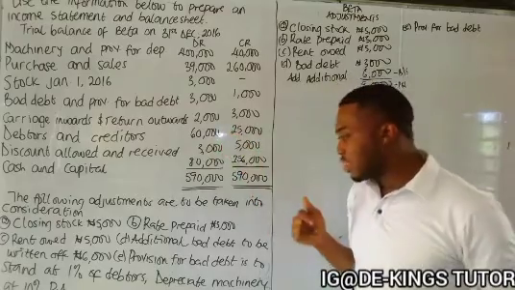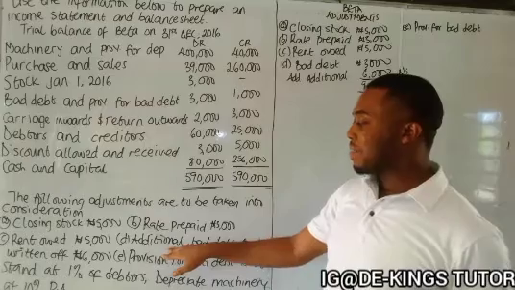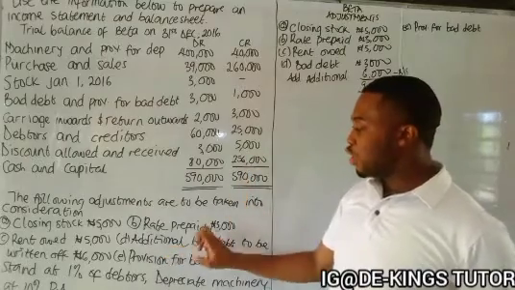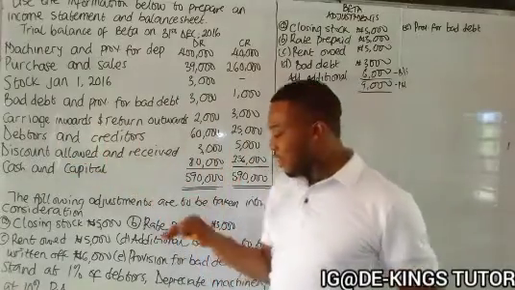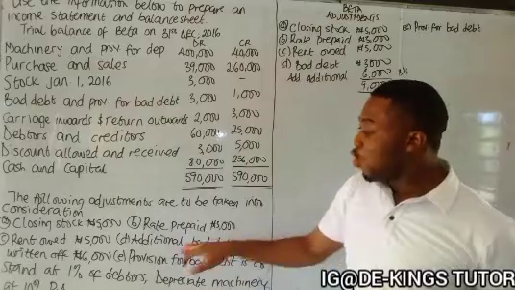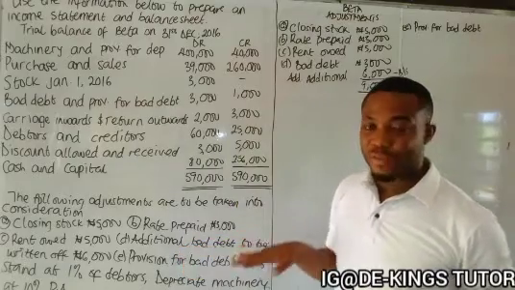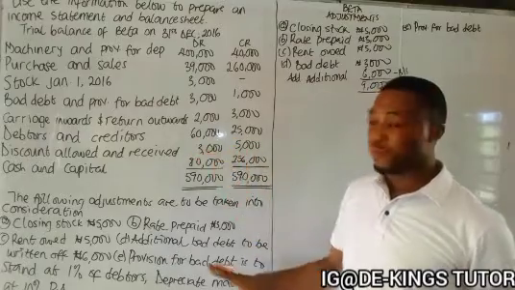What do we do in this situation? Look up: in the adjustments I said that if we have bad debt in the additional information, you have to deduct the bad debt figure from the debtors figure first before calculating the provision. That is only when you have bad debt in the additional information. If the bad debt is not there, you go ahead and calculate the provision.